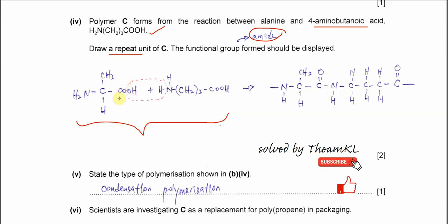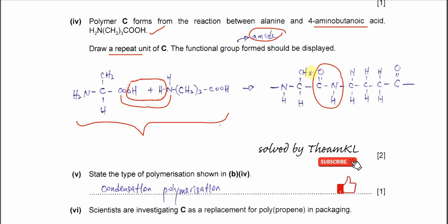So let's say the carboxylic acid group reacts. So it will react with the amine group in the 4-aminobutanoic acid. So this one is a condensation. The H2O will be removed and the new bonds will form. The C-N bond will form. Then it will form the amide bond here.